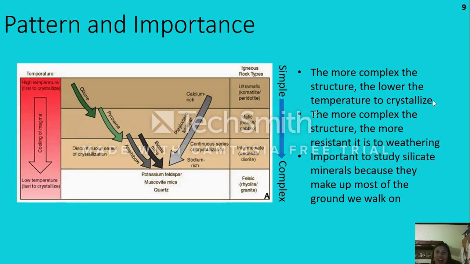Quartz also has the most complex tetrahedra structures or networks. There is a pattern of complexity of tetrahedra increasing for lower crystallizing temperatures. Also, weathering is least effective on more complex structures of tetrahedra.